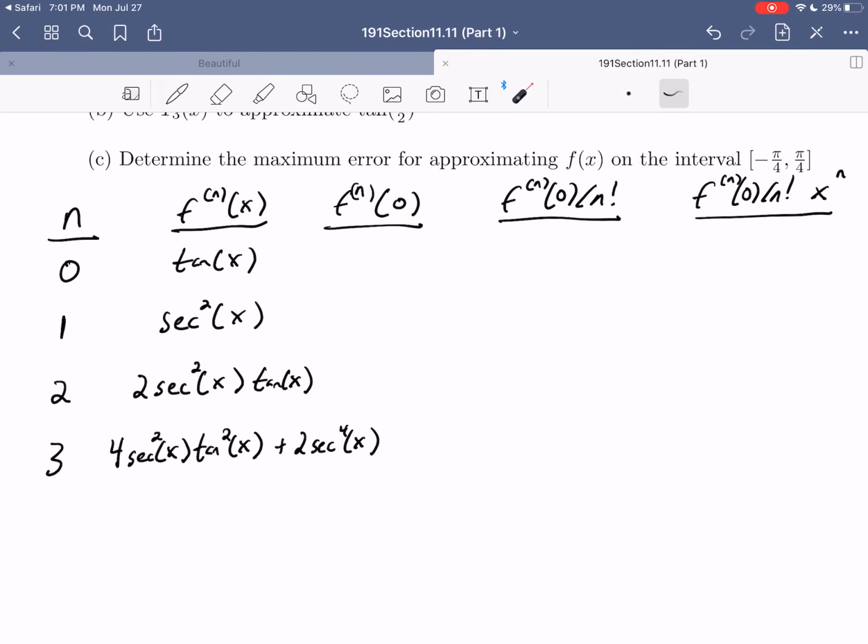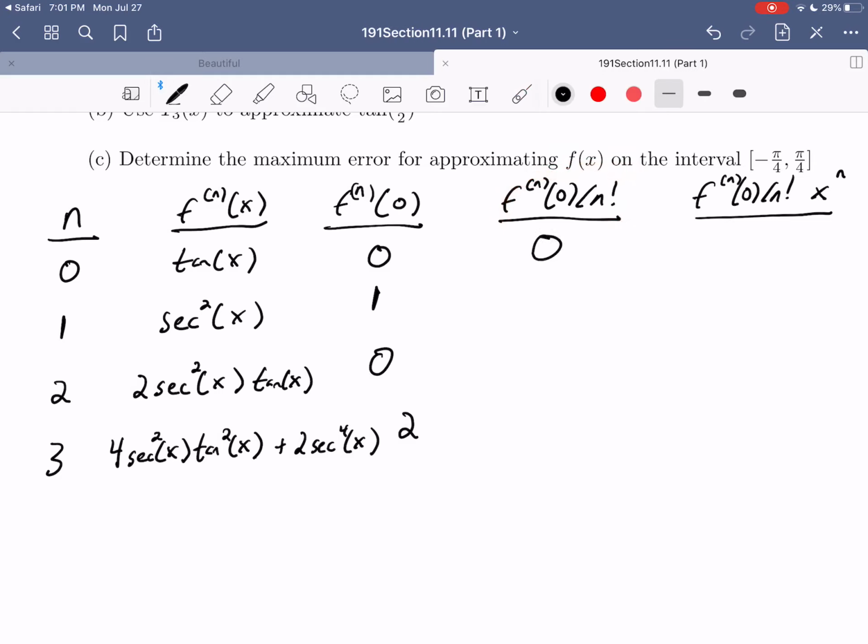Remember, when we're plugging in 0, tangent of 0 is 0, and secant of 0 is 1, because 1 over cosine is secant, and 1 over cosine of 0 is also going to be 1. So plugging in 0 is going to be very easy. So it looks like we get 0, 1, 0, 2. Then we've got to divide by n factorial.